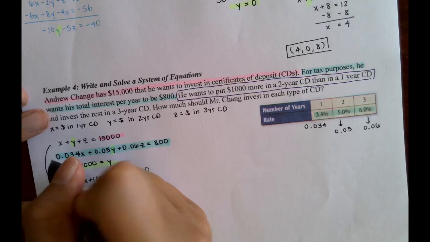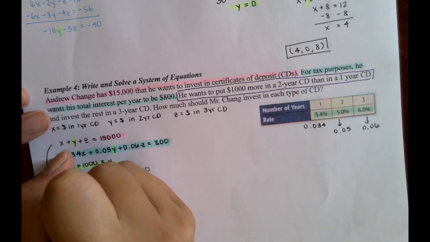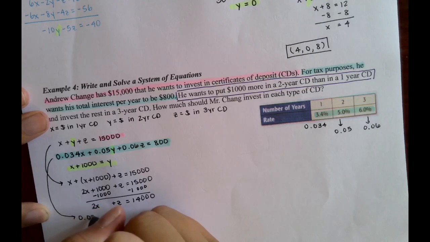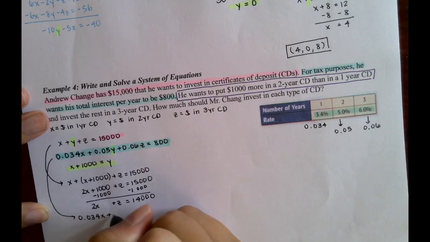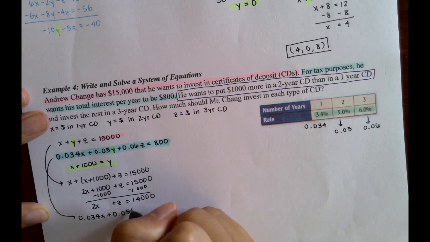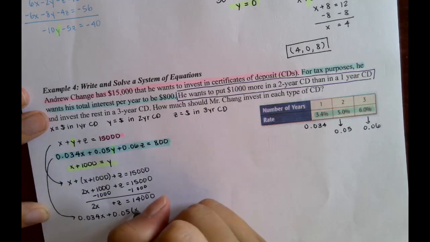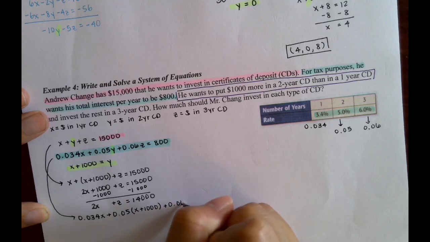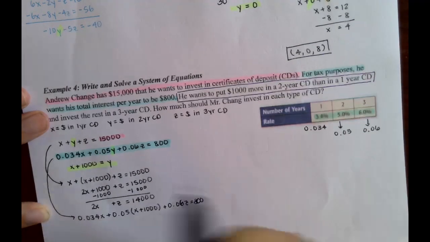Then I'm going to do the same thing for this one. 0.034x plus 0.05, and we know the y is x plus 1,000, plus 0.06z equals 800.